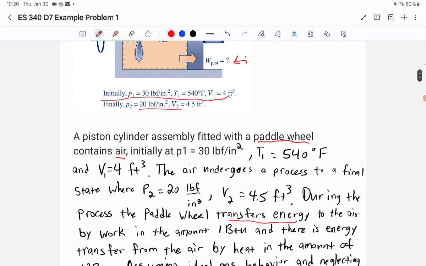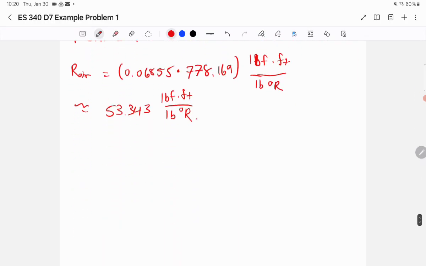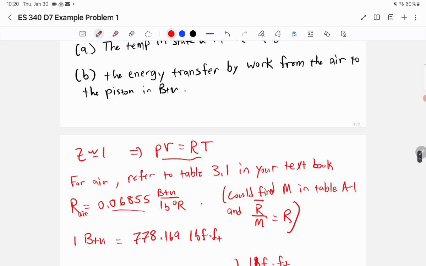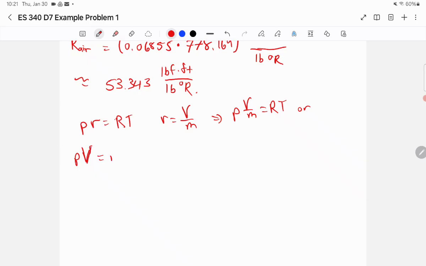Now we're given volume in this problem, and we're not given the specific volume. This equation has specific volume, but v is equal to capital V over m, and if I substitute that in, that means I have P times V over m equal to RT, or PV, capital V, equal to mRT.